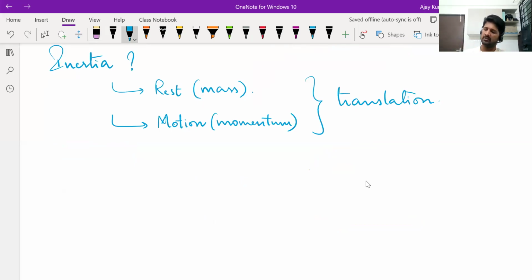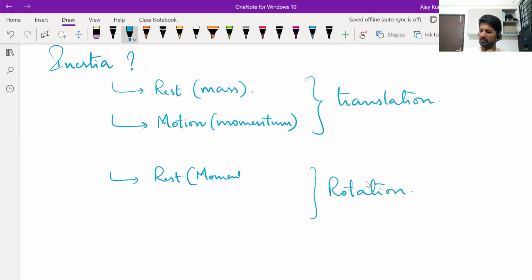Same thing can happen in rotation also. And in rotation, the inertia of rest is given by this quantity that we are now talking about, moment of inertia. So basically, moment of inertia is the tendency of a system to resist rotational motion.